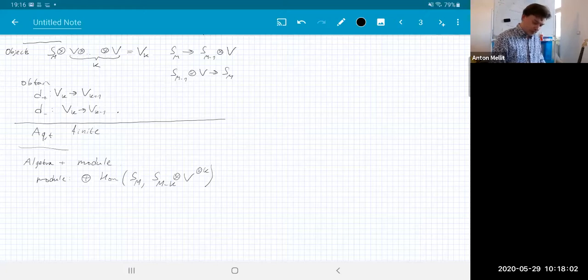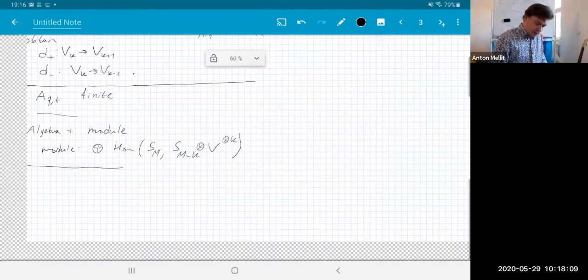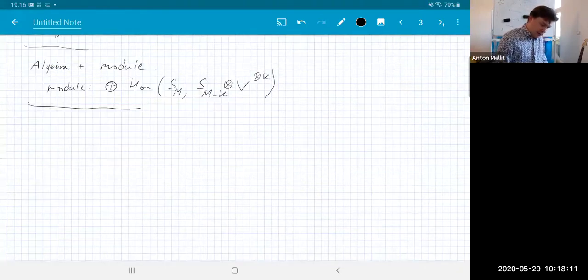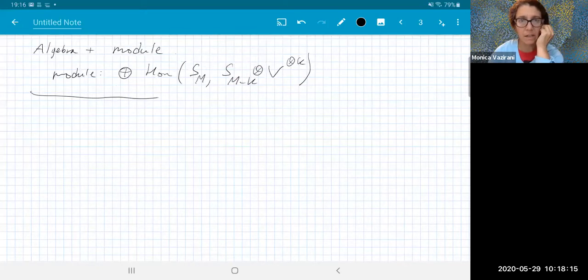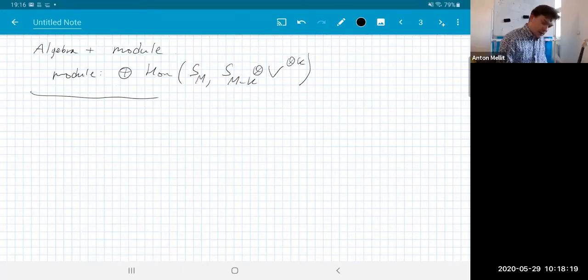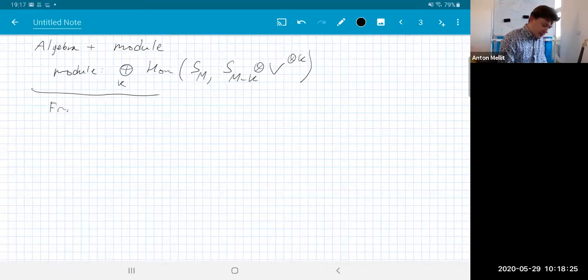And you're taking the direct sum over all k. Okay, so let's understand this in the finite case first.